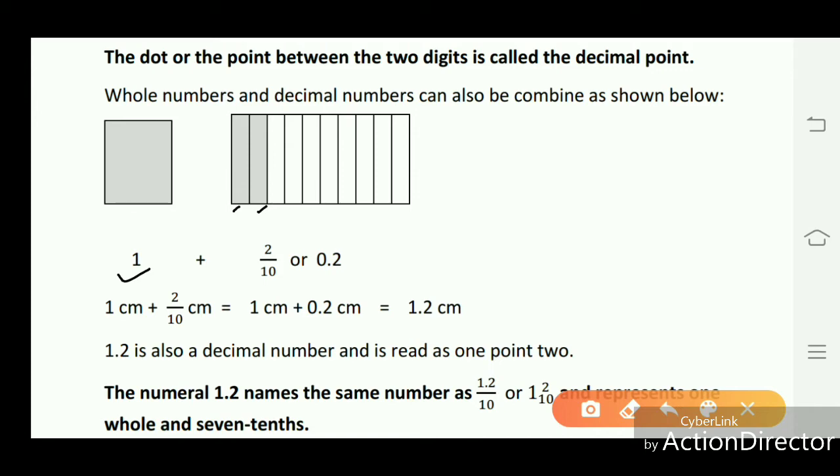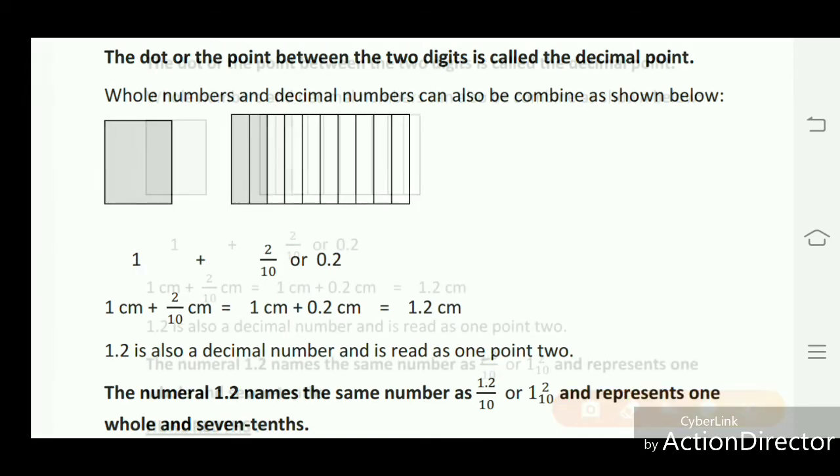So if we add 1 centimeter plus 2 upon 10 centimeter, it gives 1 centimeter plus 0.2 centimeter, and it gives 1.2 centimeter. So 1.2 is also a decimal number and is read as one point two.